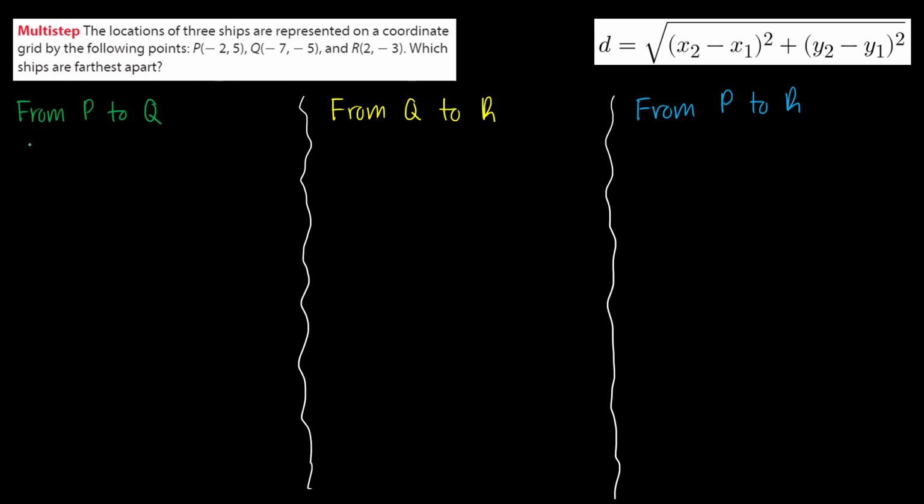Again, for visual clarity, I know that P is (-2, 5) and Q is (-7, -5) for my first distance calculation here. I'm going to assign the coordinate P as x1, y1, and Q as x2, y2.